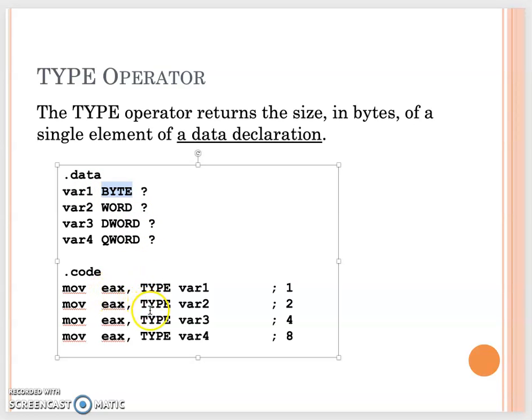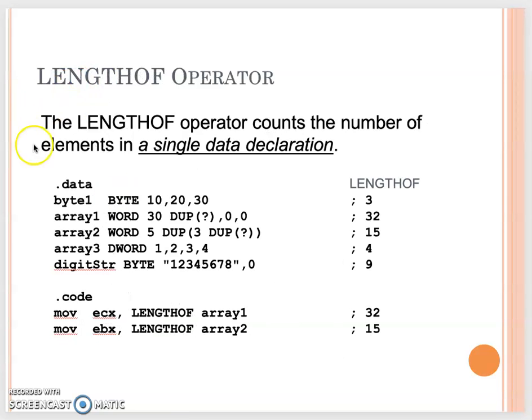Then you have different types, so it will return different values. Then you can save it in a location to know the size as a number of bytes. That's the type operator. If you know a data label, you can use the type operator to know its memory size in bytes.